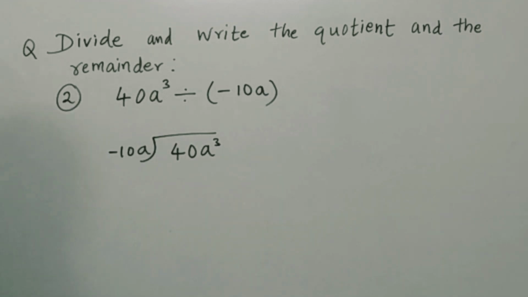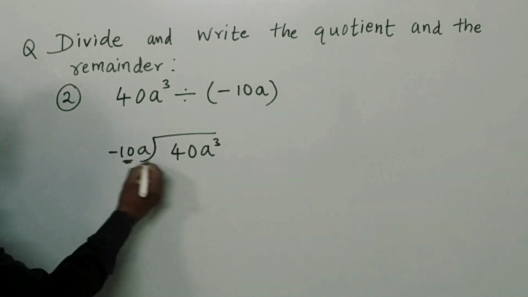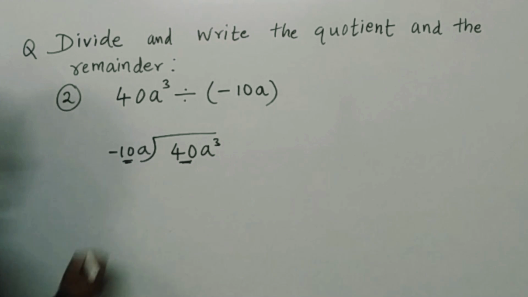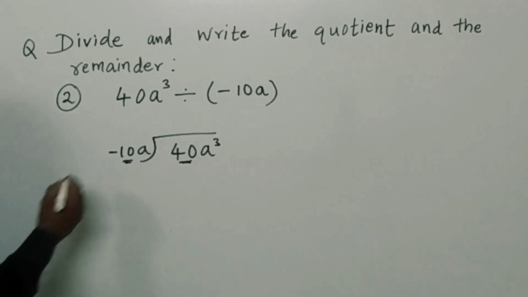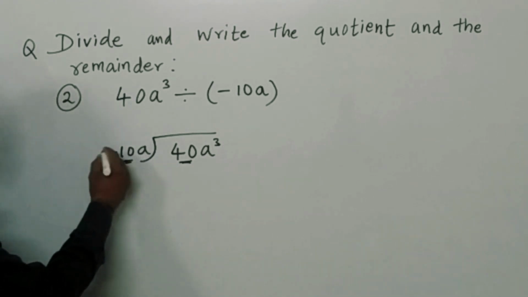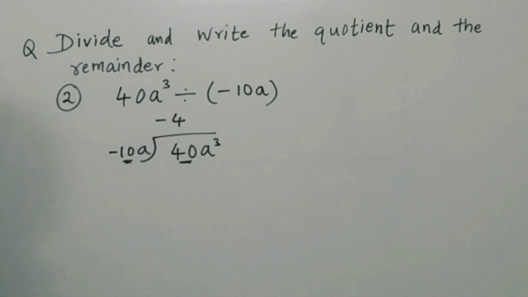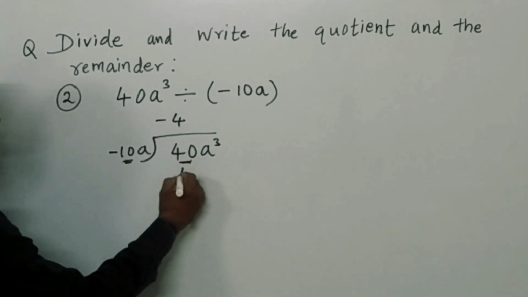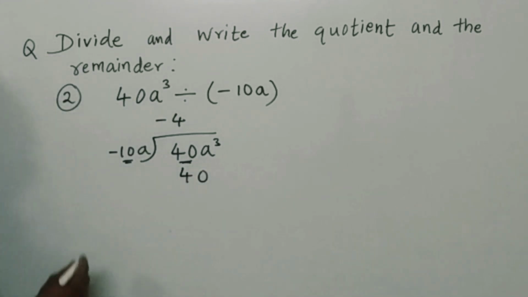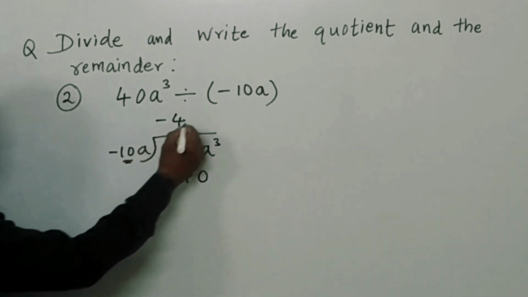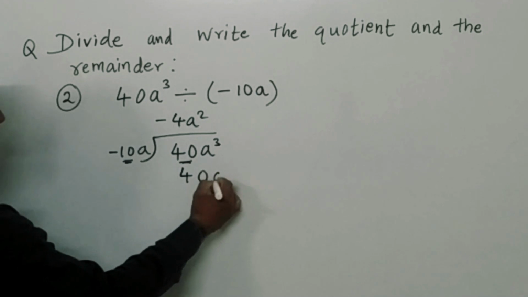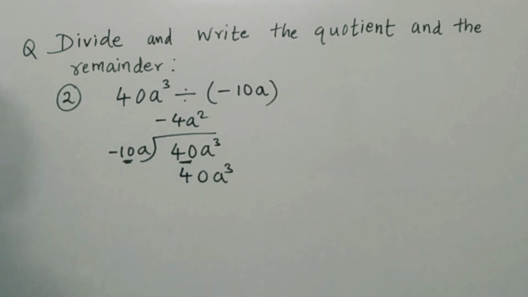Second example, 40a cube divided by minus 10a. So the numbers 40 divided by 10, so minus 4. Minus 10 into minus 4 is plus 40, and a into a square is equal to a cube.